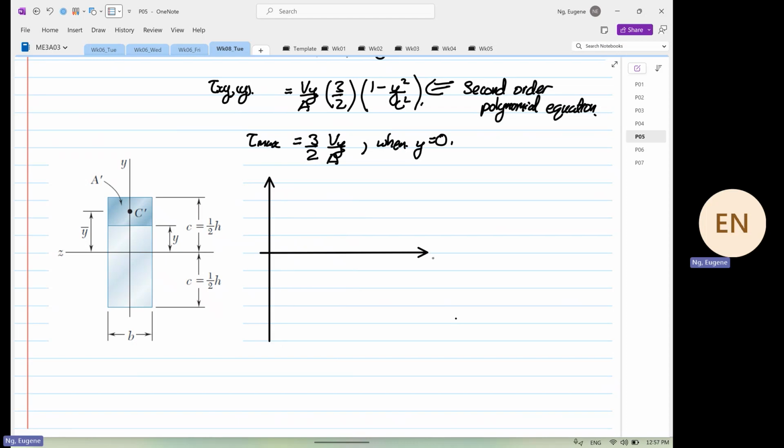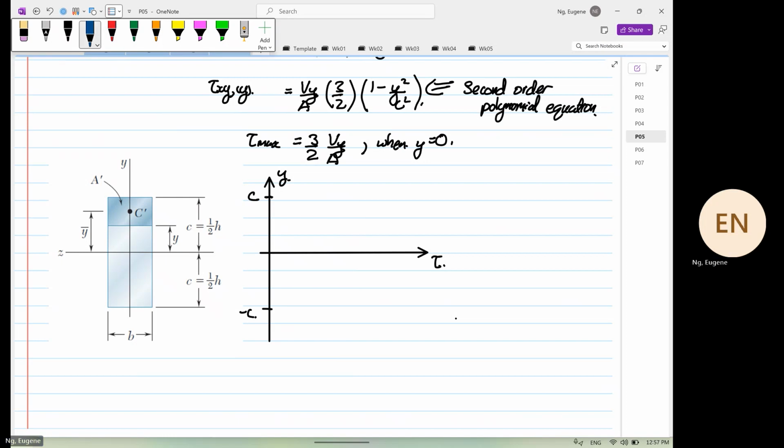Okay, so this is our shear stress, and this is our Y. This is our C value. Over here will be our minus C value, right? So we know at point C and at minus C, we know these 2 points over here.